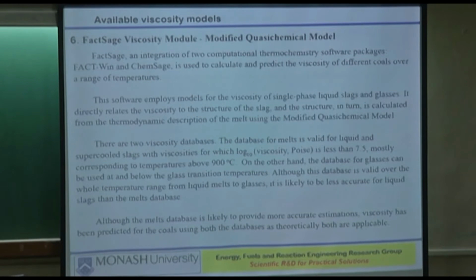And the database for glasses can be used at and below the glass transition temperature. So I will come to that later. Although this database is valid over the whole temperature range from liquid melts to glasses, it is likely to be less accurate for liquid slags than the melts database.